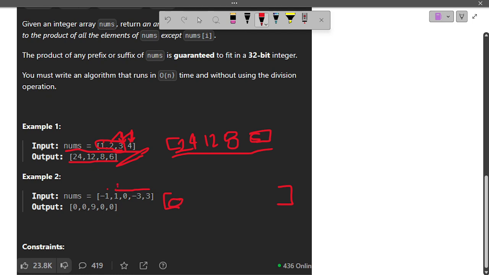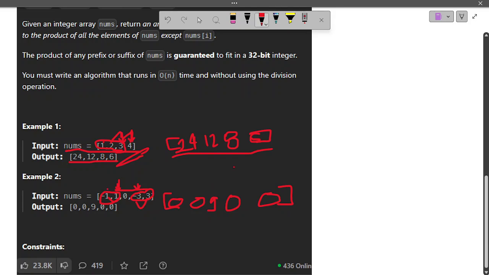If we multiply all elements except 1, it becomes 0 because of the 0. If we multiply all other elements except this 0, then -3 multiplied by -1 becomes 3, times 1 is 3. If we multiply all other elements except -3, it becomes 0.